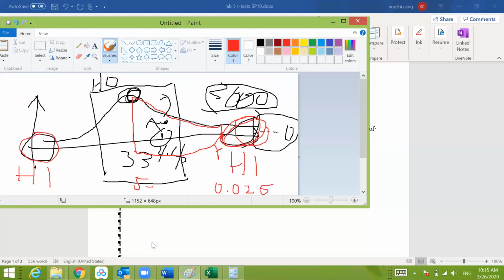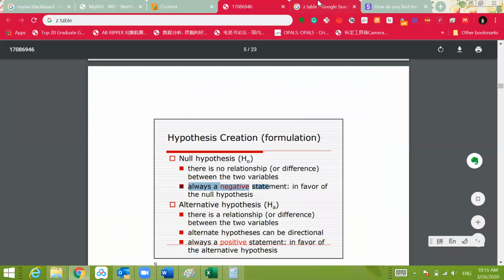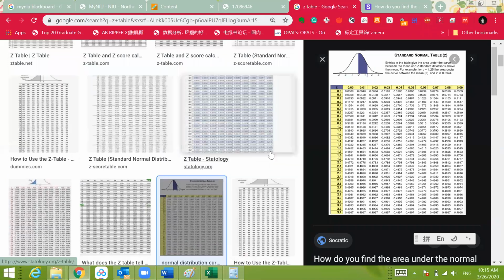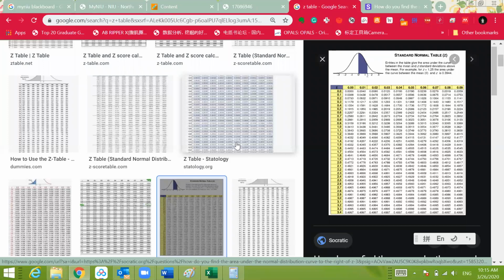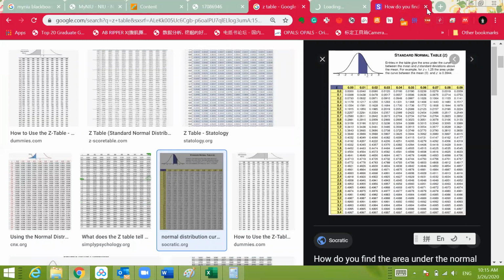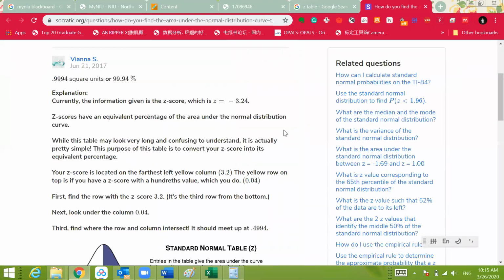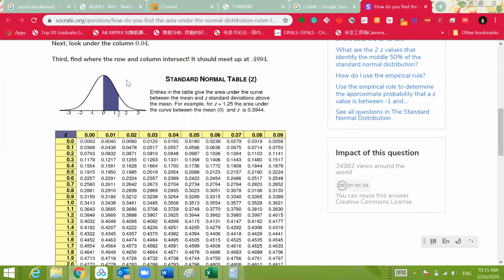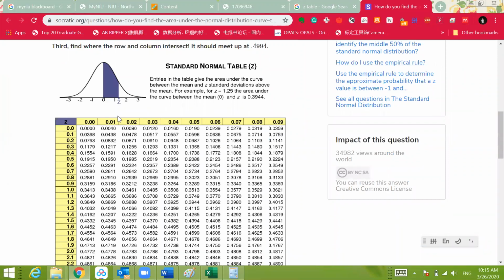So we need to use the z table here. I want to use one z table which is similar to your textbook. I think this one is good. Let's open this one in a new tab. Okay, that's good. We want to figure out the Z value which makes the dark part, this part, equal to 0.475, right?